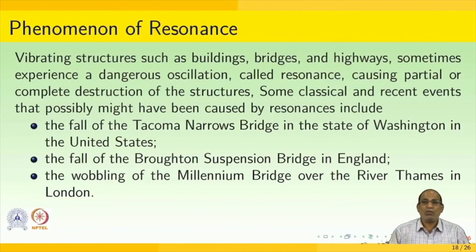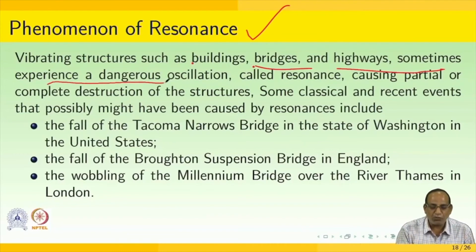One more example is the phenomenon of resonance. We can see that vibrating structures such as buildings, bridges and highways sometimes experience dangerous oscillations, maybe due to resonance or maybe due to seismic activity or some other property, causing partial or complete destruction of human life, the structures or even the environment.